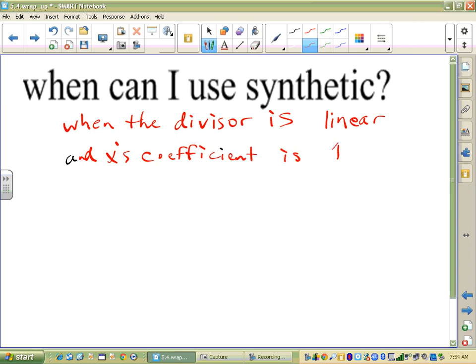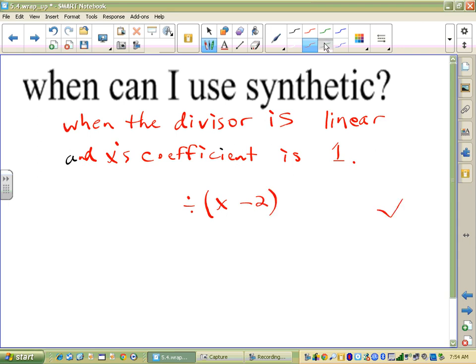You can use it when the divisor is linear and the coefficient's not 1, but there's 2 other steps that are kind of cumbersome enough that I wouldn't recommend it. So the divisor's got to be linear and x's coefficient's got to be 1. So what I'm saying is if you're dividing by x minus 2, then you can.